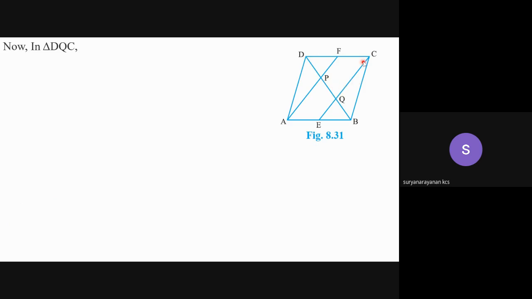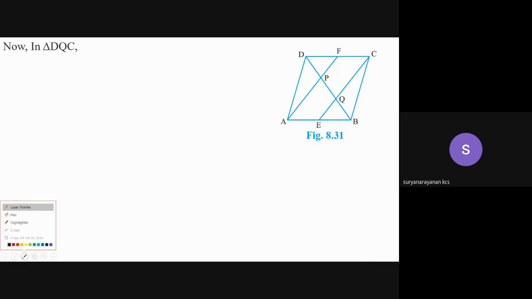In triangle DQC, F is the midpoint. Yes or no? F is the midpoint of side CD and PF is parallel to CQ. Yes or no? So can we use the midpoint theorem here? Yes, we can use the midpoint theorem.